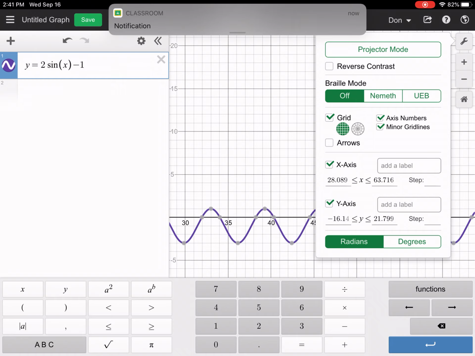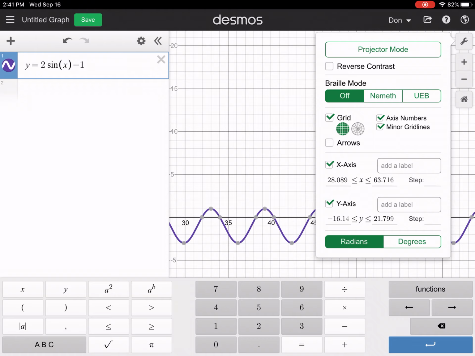So mine is in radians. But as far as the x-axis goes, because we're going up by radians, we want to use pi.